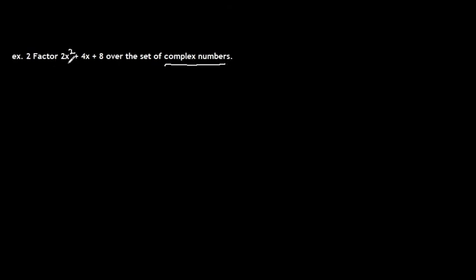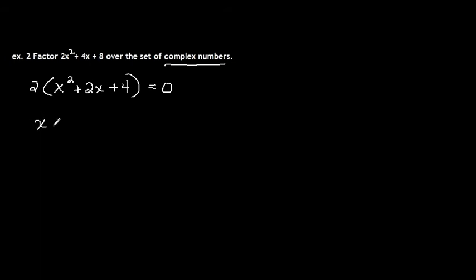Whenever you factor these, the first thing you have to do is, if there's a coefficient in front of the x squared term, you need to factor that out before you start. So we get x squared plus 2x plus 4, and we'll just say equals 0. Now we have this factor and this factor, so in order to factor this factor, we're going to use the quadratic formula.